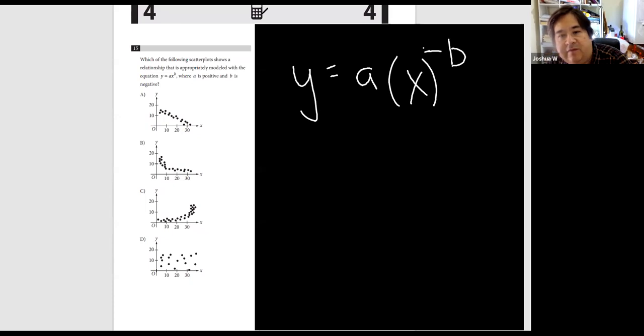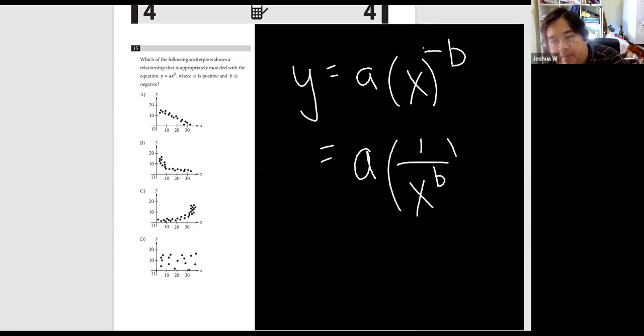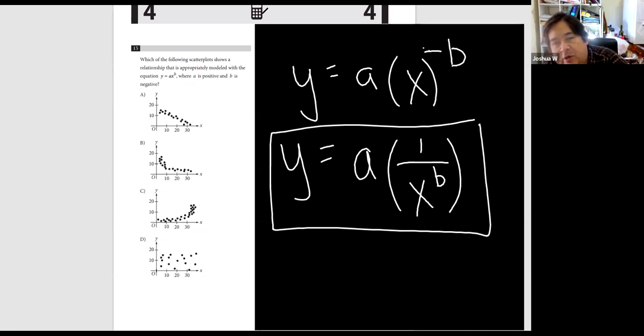So I'm actually going to write negative B. That's the same as A times 1 over X to the positive B. Oh no, this is a polynomial. Yeah, it's just a negative exponent. It's not an exponential equation.